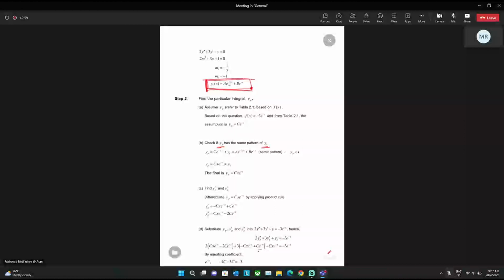So in a test or final, highlight the important value, in this case yc.